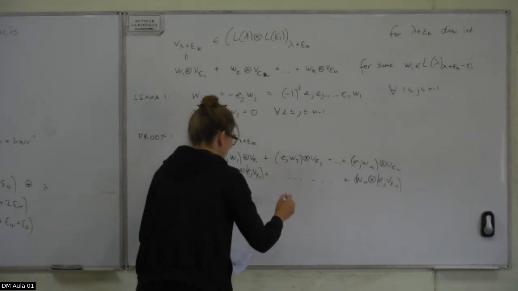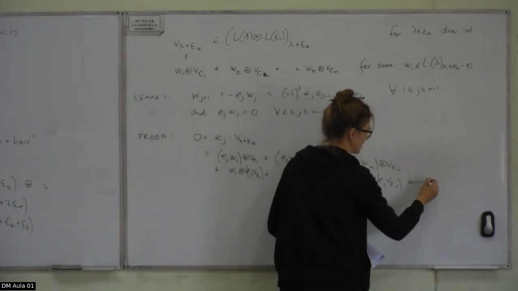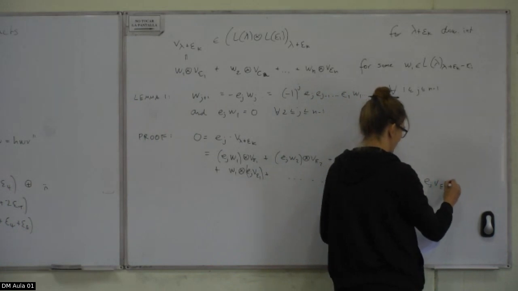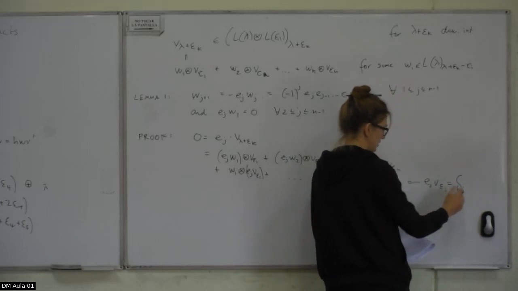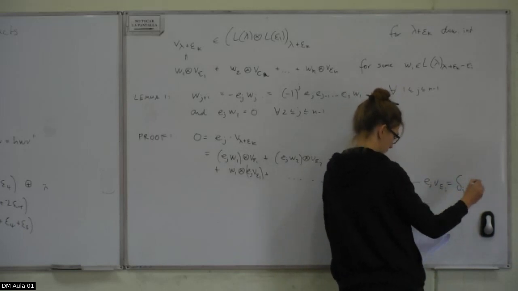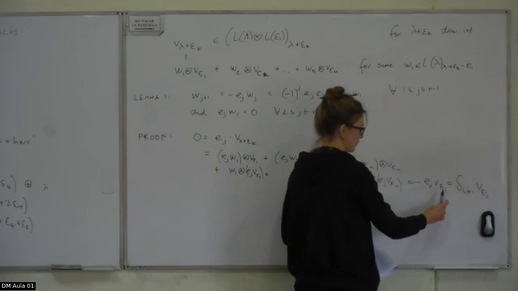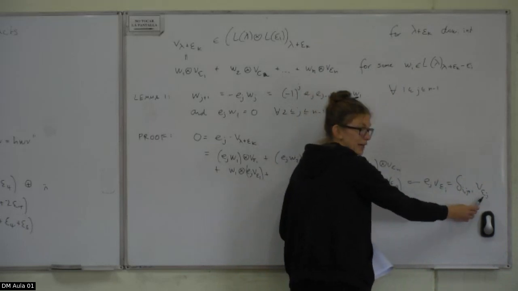So E_j on v epsilon i is 0 unless that i was just j plus 1. And then it will send it from v epsilon j plus 1 to v epsilon j.